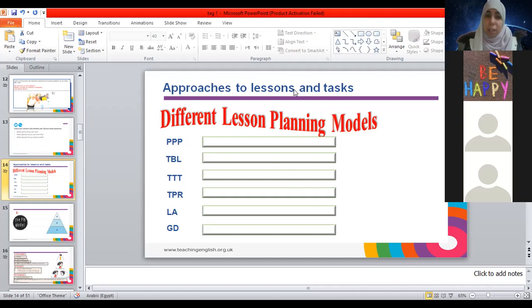It's not team-based. The first one is something that the students do. In fact, it's task-based learning. This is number 2, task-based learning.